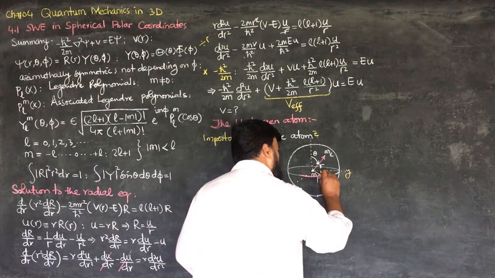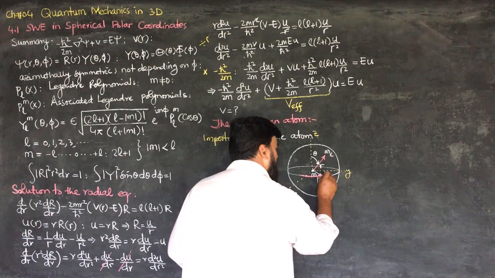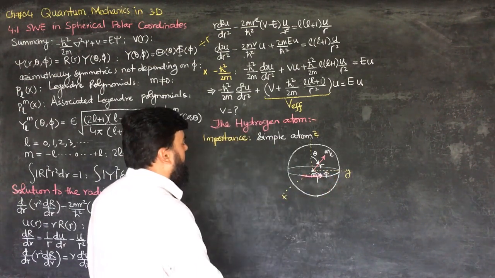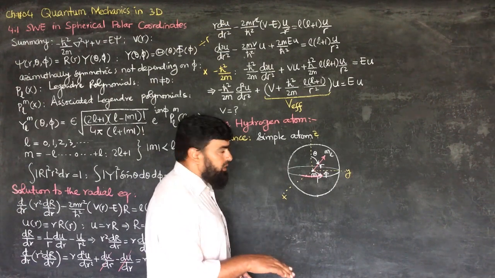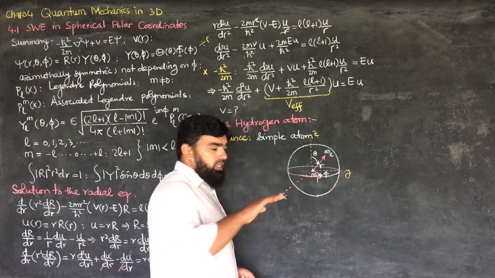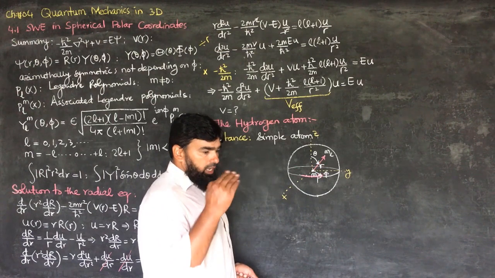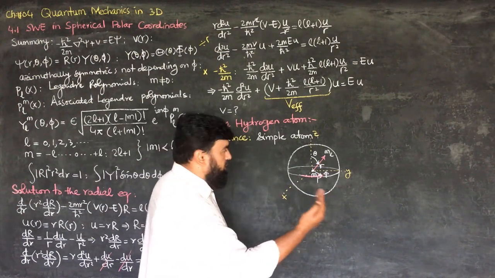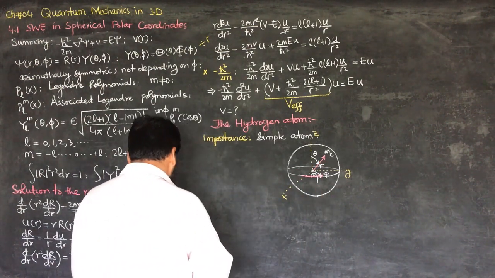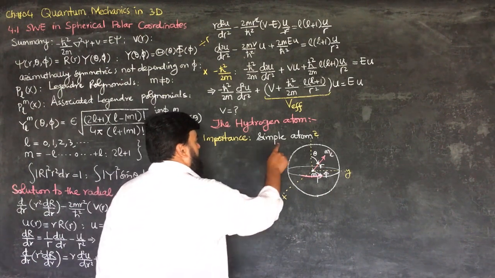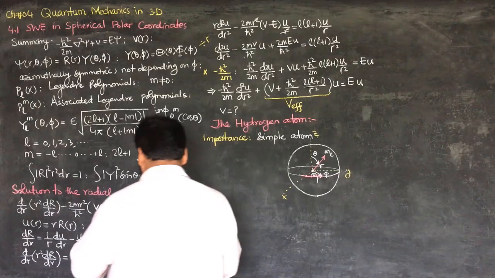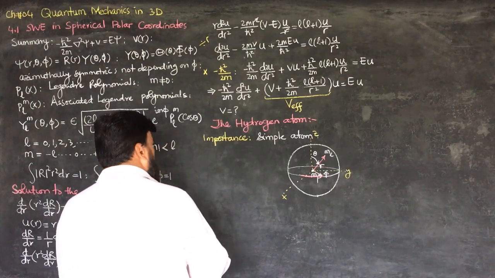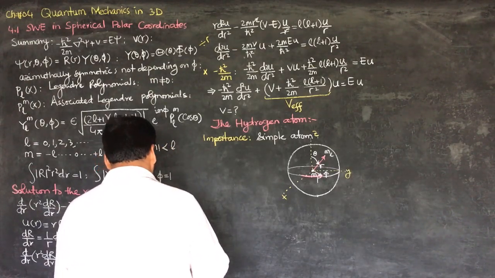So I can mark this angle, and this is the angle phi. So if it moves like this, then it is the zenith angle, and for moving like this, it is the angle phi. So it's the simplest atom, and we can easily study this one.